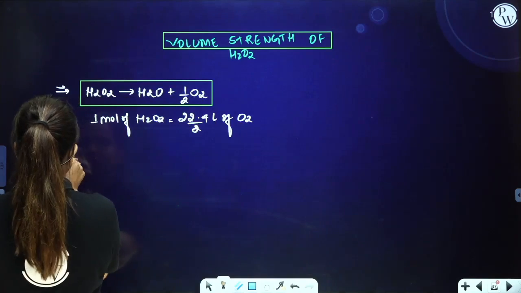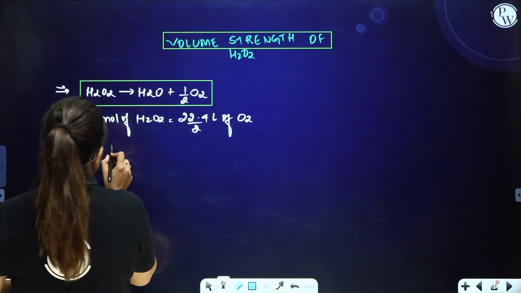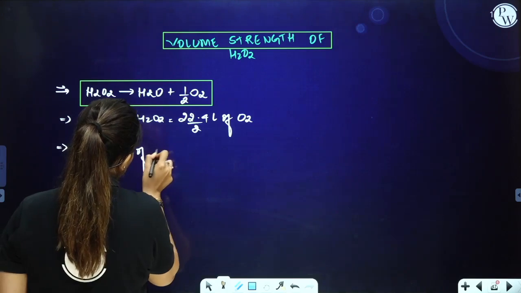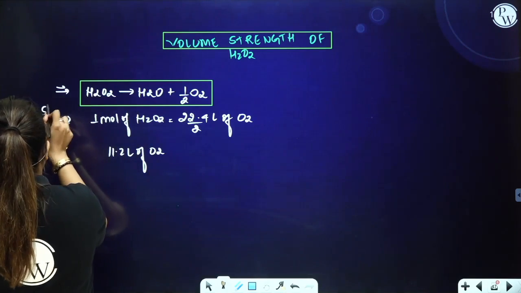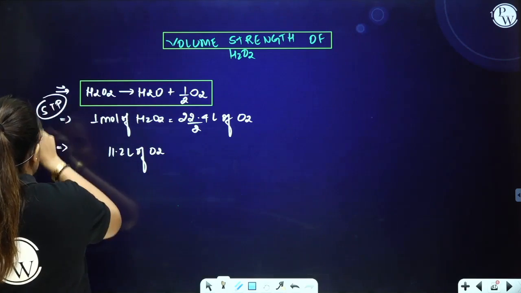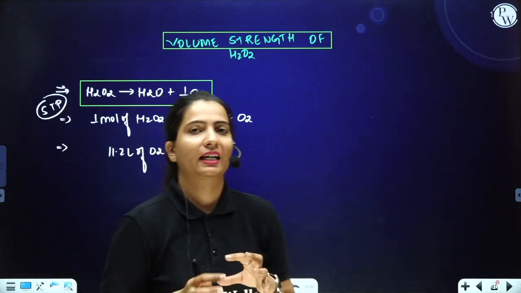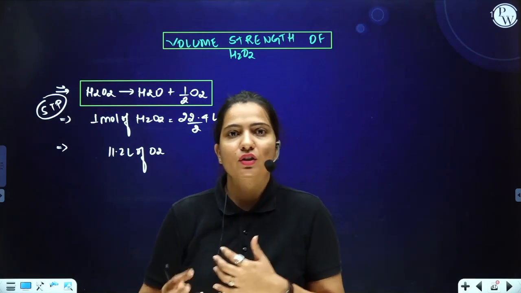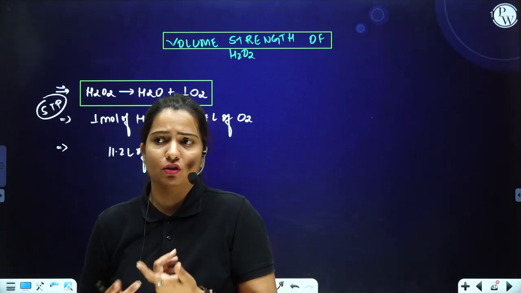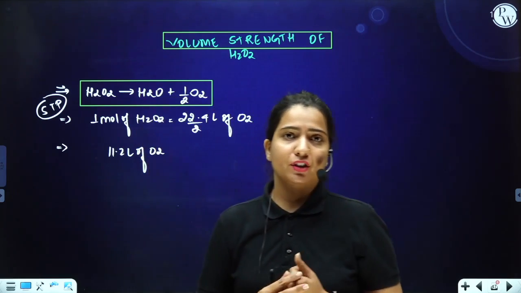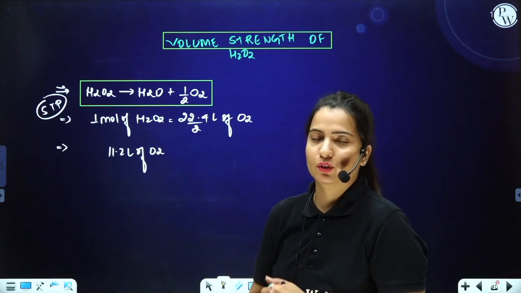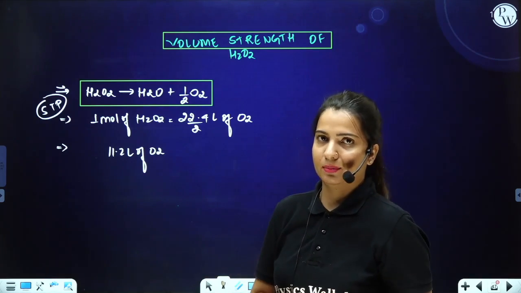And we can also say that 11.2 liter of O2. See, this calculation we are doing at STP. Even if it is not mentioned, you have to consider this at STP. Remember that, okay? Just don't have confusion in your mind that, ma'am, if it's not written STP, how can we use the stoichiometric coefficient as 22.4 liter in the case of O2? We have to consider this at STP, right?